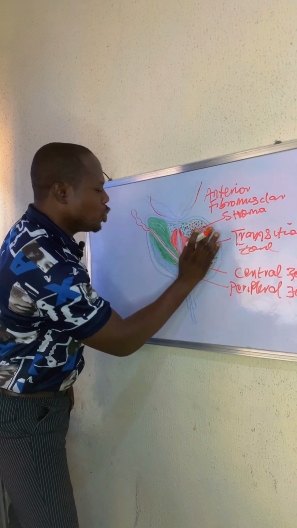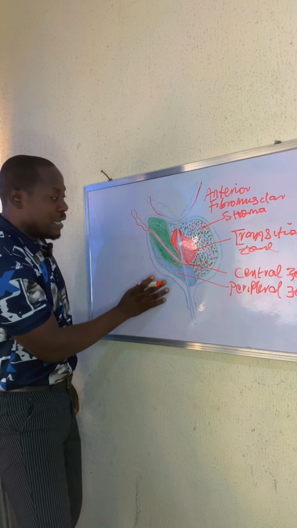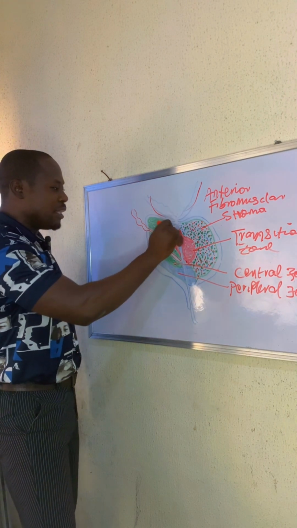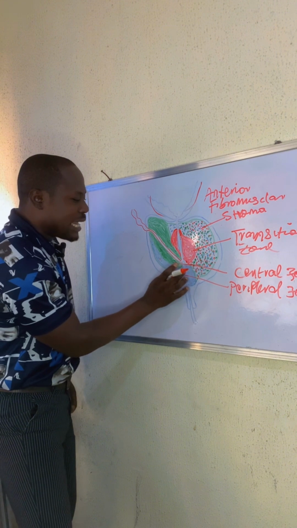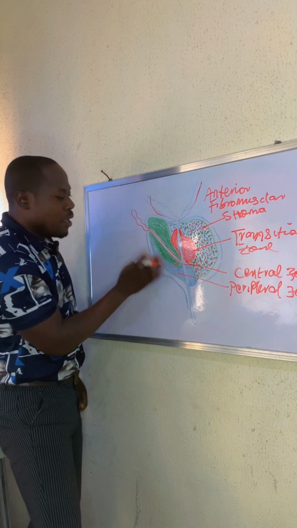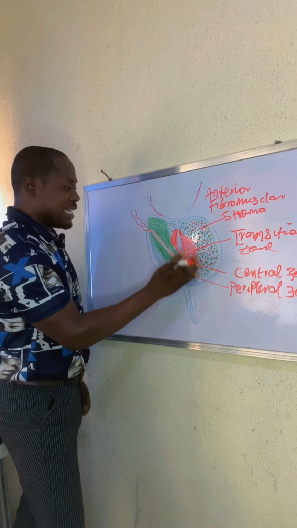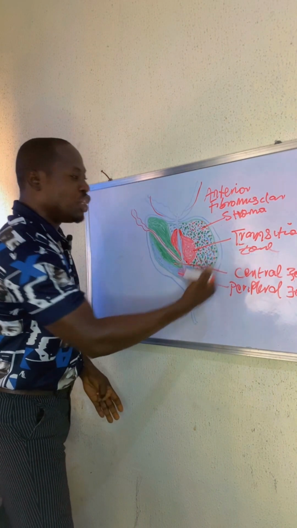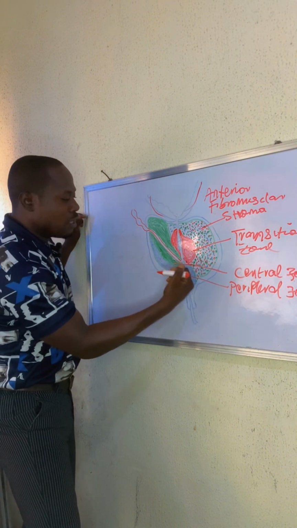So you should bear in mind that the area responsible for enlargement of the prostate gland, which is called BPH, is mostly the transitional zone, while the area that can be easily affected because of the medical factor or DHT, dihydrotestosterone, as a result of imbalance between estrogen and testosterone, is the peripheral zone.